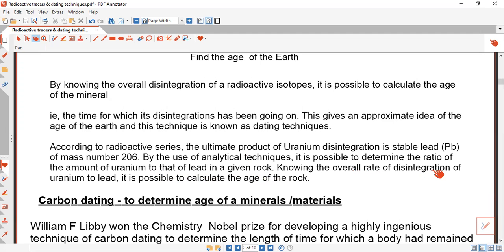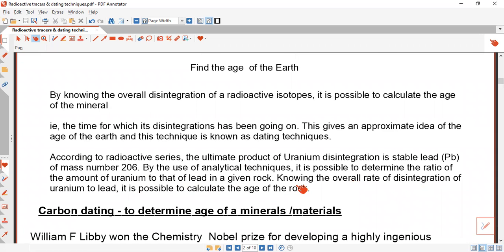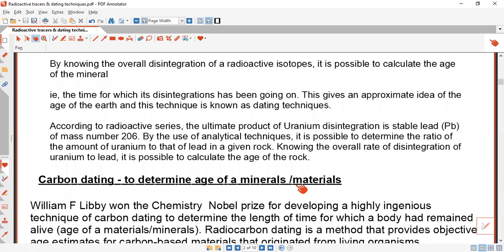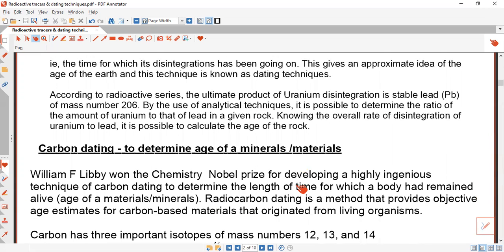Knowing the overall rate of disintegration of uranium to lead, it is possible to calculate the age of the rock. That is one of the important applications to find the age of a material, known as radio dating techniques.